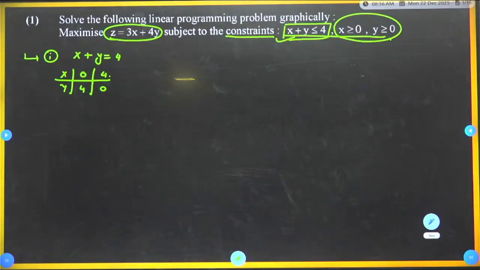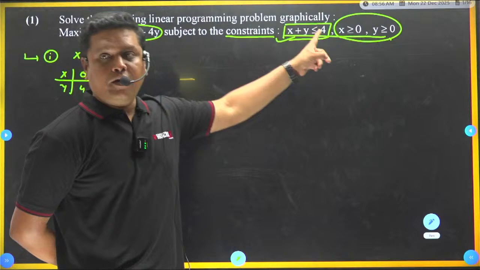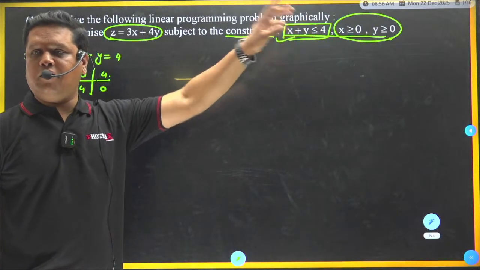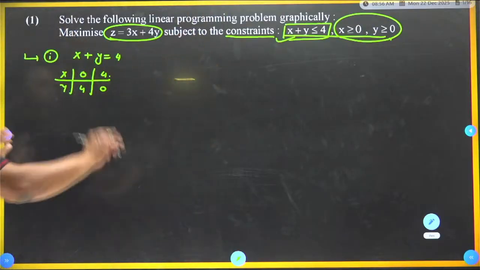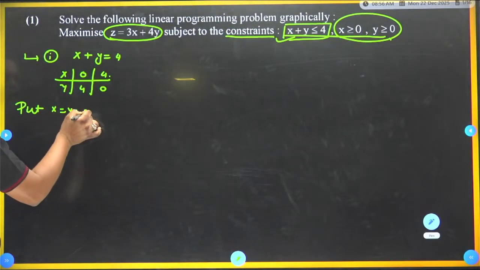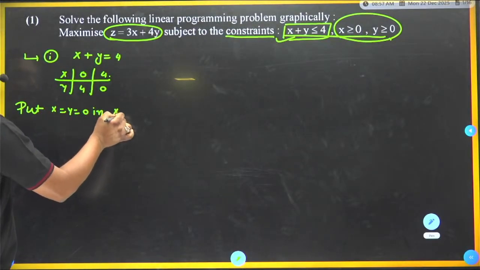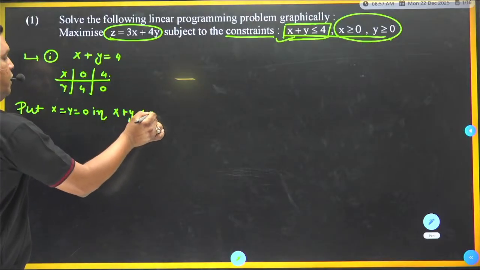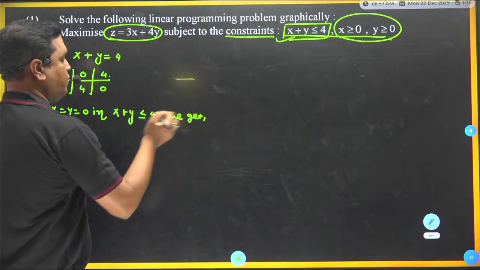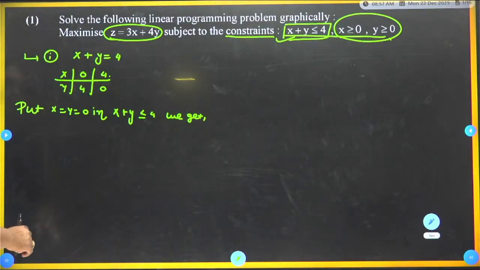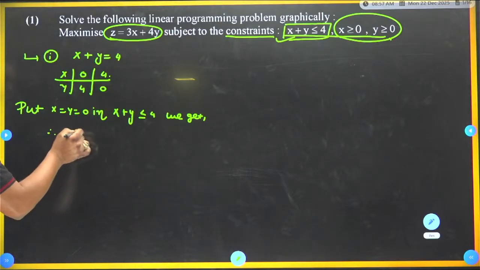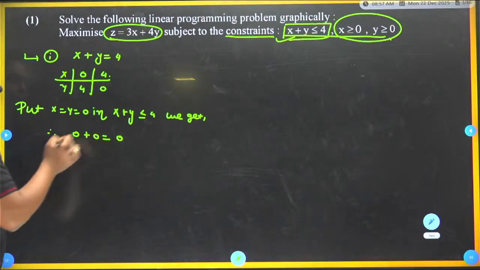Earlier I said that inequalities indicate direction. So first find out the direction of x plus y less than or equal to 4. Put x and y equal to 0. In x plus y less than or equal to 4, we get 0 plus 0 equal to 0.